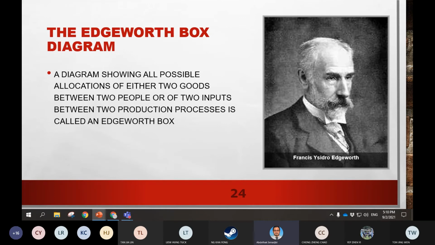It is a diagram showing all possible allocations of either two goods or inputs between two people or countries, or between two production processes, and we call this box the Edgeworth box.